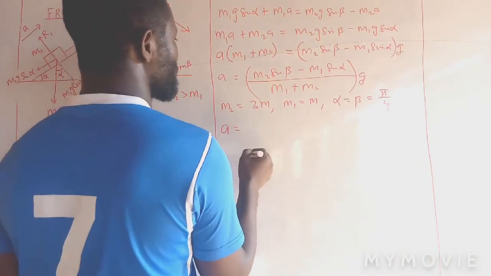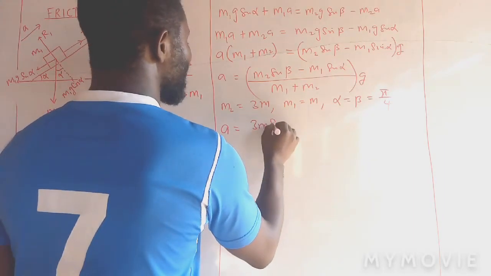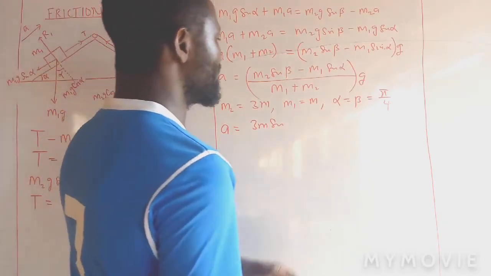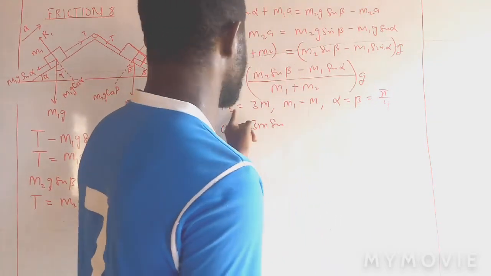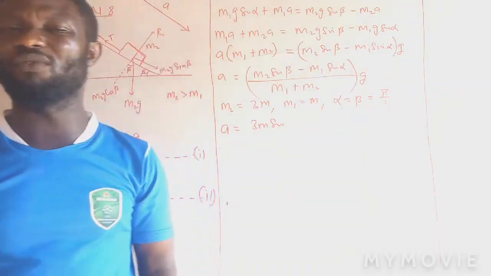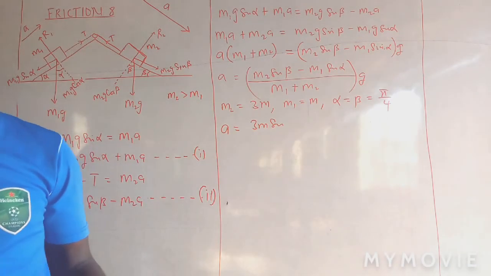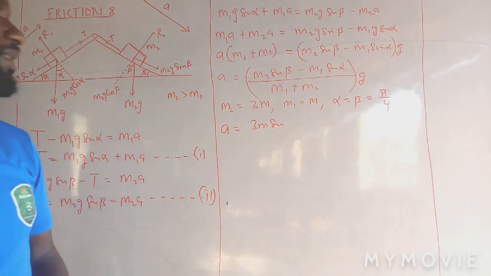a is equal to, what is m2? 3m sine beta, which is the same thing as alpha according to this question, and that is pi over 4. What is pi over 4? Pi over 4, of course, should be 180 divided by 4, which is 45 degrees.